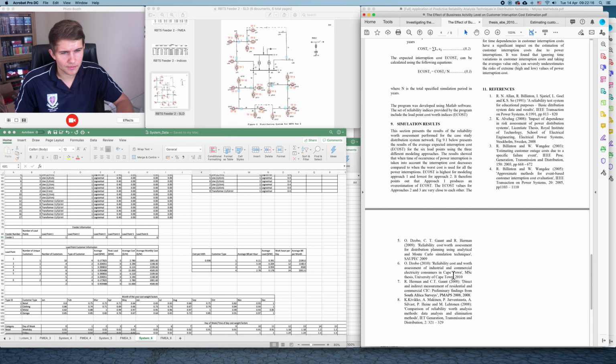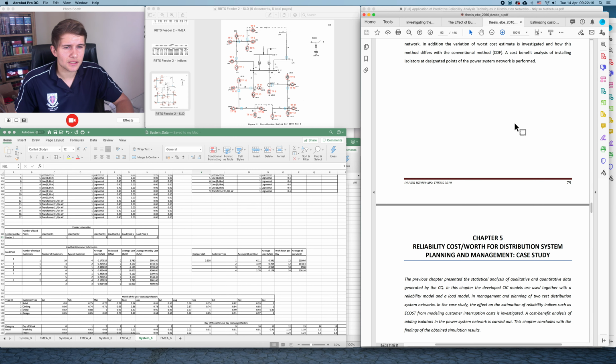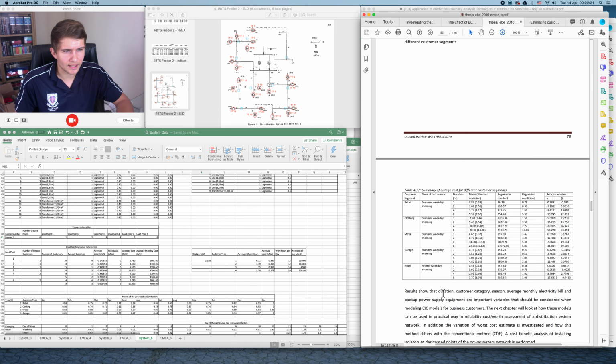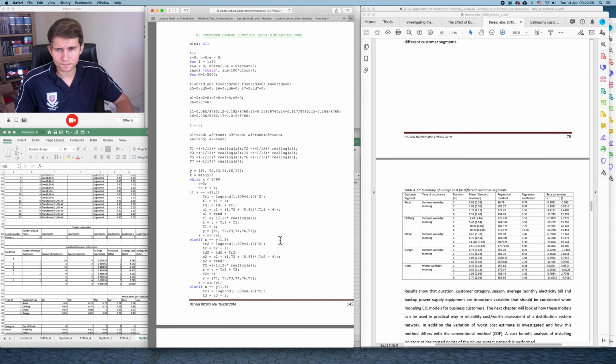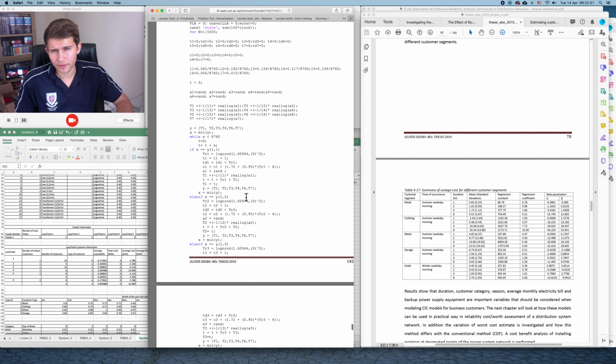This is his master's, it's supposed to be 6. So in his master's paper, if we scroll back up, this is where he gets his values from, his hour distributions. And to explain how he gets his cost damage function, we have to look at his MATLAB code.